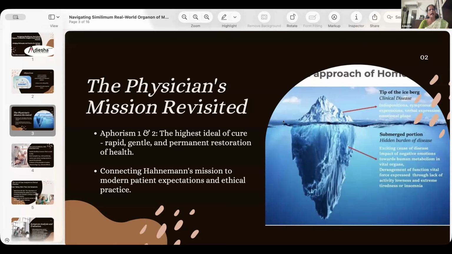The highest ideal of cure is rapid, gentle and permanent restoration of health, connecting Hahnemann's mission to modern patient expectations with ethical practice by avoiding polypharmacy, mixopathy, or too many patents.